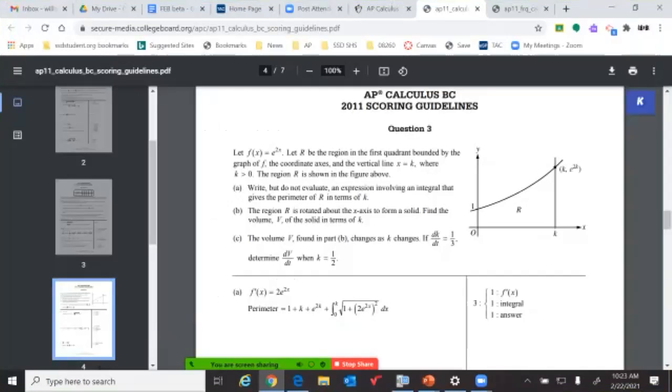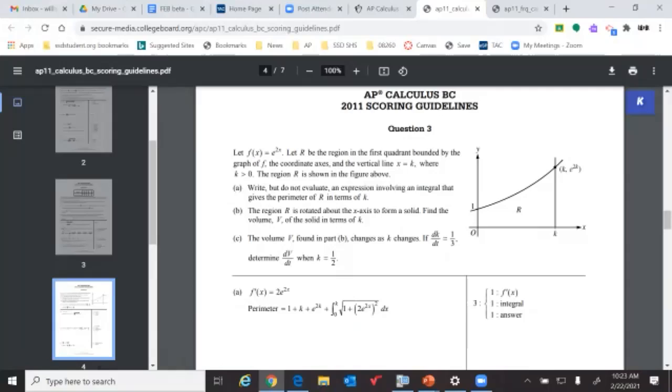All right, so here's what the answer looks like. There were 3 points. What are they saying? 1, which is starting at the point (0, 1) and going down, plus k, which is going from 0 to k. It's the length of that segment, plus e to the 2k, which is the height.